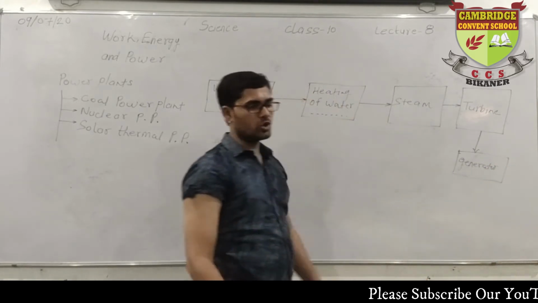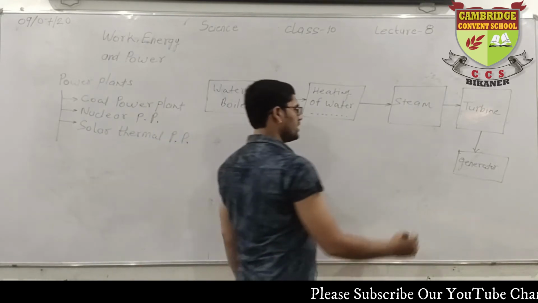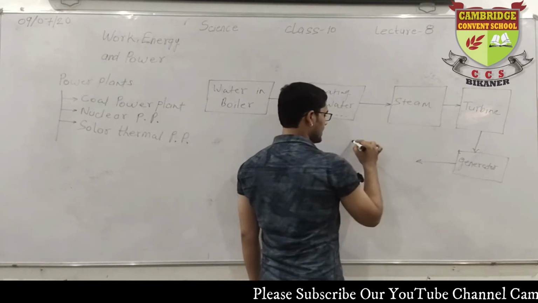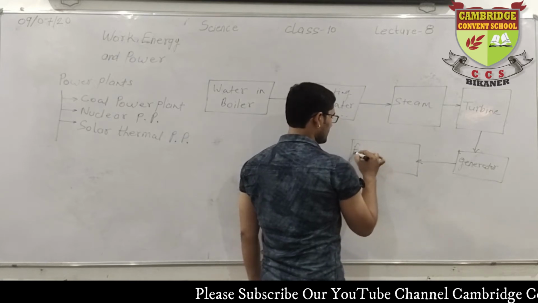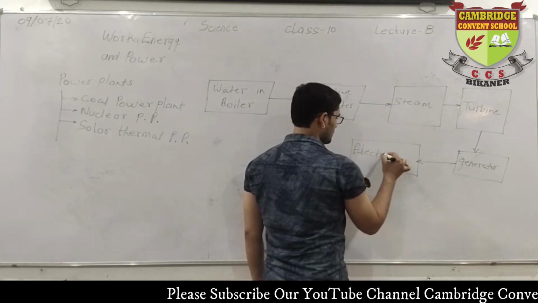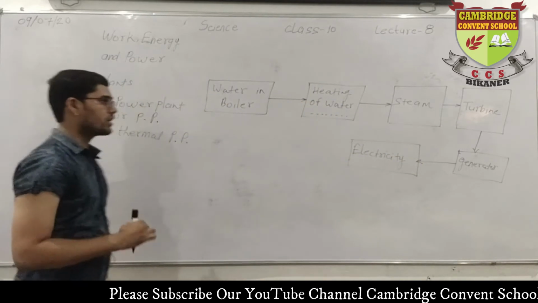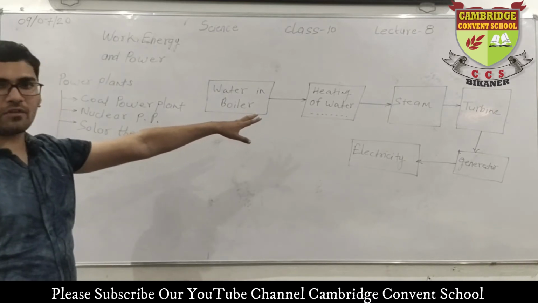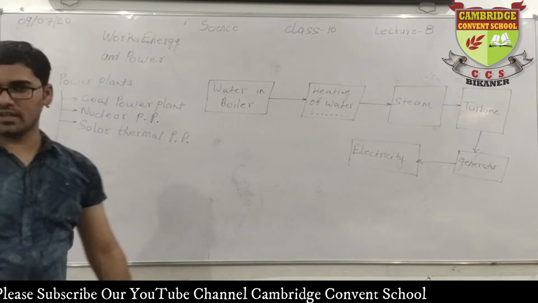What does a generator do? You know very well, a generator always produces electricity. After the generator, we shall get our electricity. So basically, this block diagram is a very convenient way to understand all these three types of power plants.